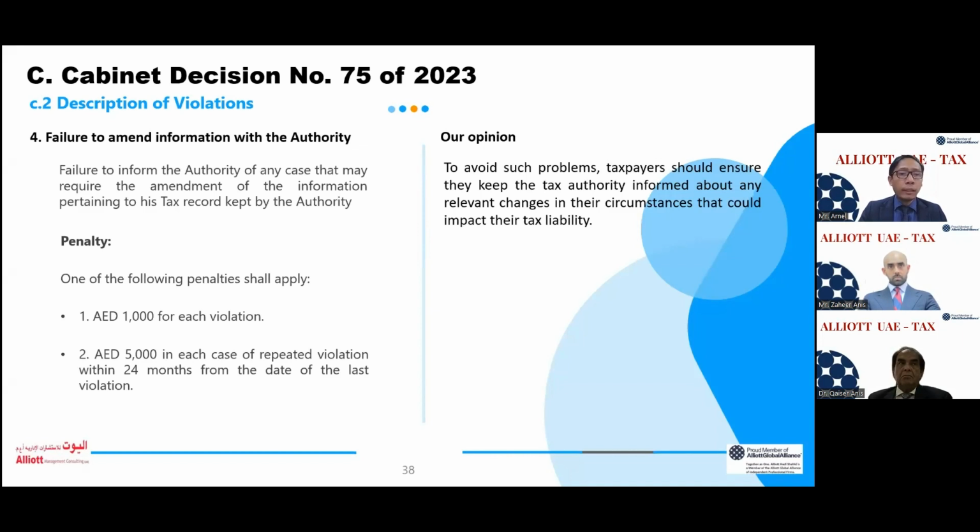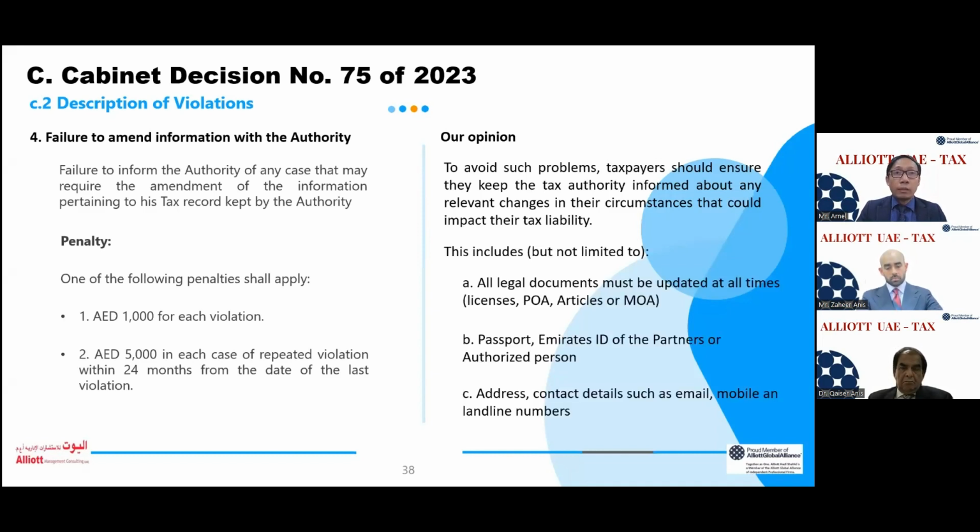In this case, the first violation will be 1,000 dirhams, and then 5,000 in each case of repeated violation. As we have mentioned, sometimes articles of incorporation are being amended. If this happens, we also have to amend the information provided to the authority. This is also what we have noticed as not updated.